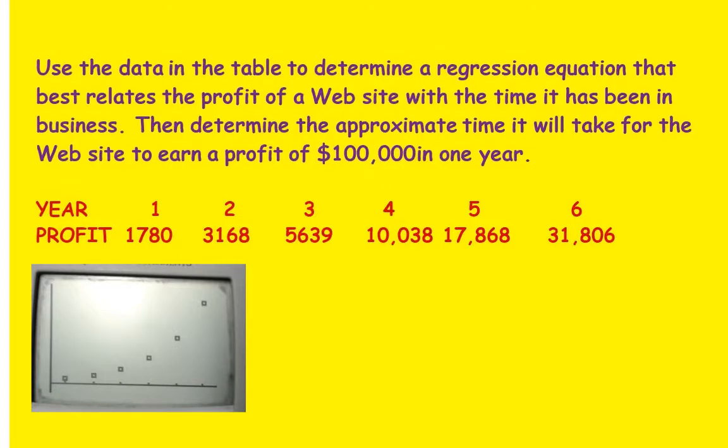So here's the data. Use the data to determine the regression equation that best relates the profit of the website with the time it has been in business, and then determine the approximate time it will take for the website to earn a profit of $100,000 in 1 year. So I graphed it. What do you guys think it looks like? Was it linear, quadratic, power, exponential, logarithmic, or logistic?